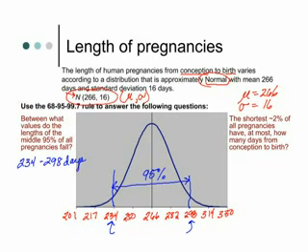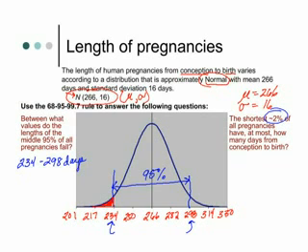The second question asks only about the shortest 2% of pregnancies. This corresponds to the small area underneath the curve, beginning at minus 2 standard deviations to the left, so right here, and extending to the left.